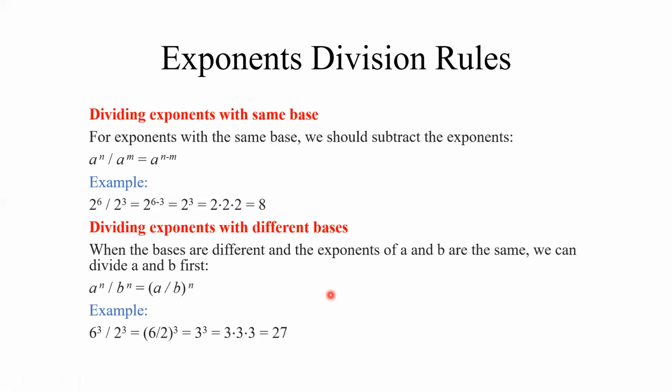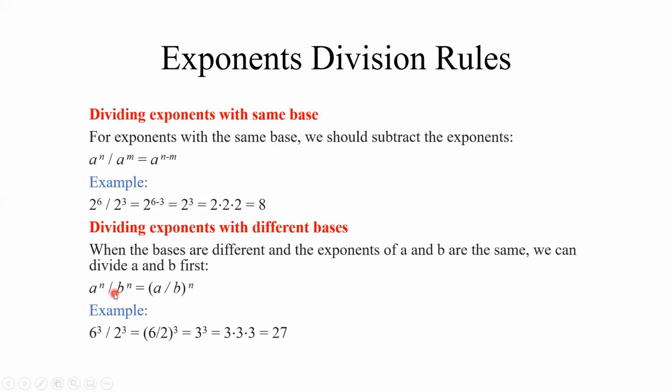Okay, so for the division rule, guys, when we have the same base, we take the exponent in the denominator and subtract it from the exponent in the numerator, right? So as you can see here, a to the power of n divided by a to the power of m is a to the power of n minus m.